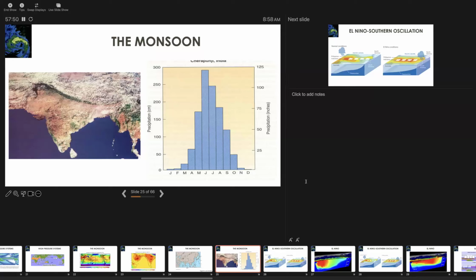About 35, 36, 37ish, somewhere in there. So this is rainfall in Cherrapunji in June, about 120 inches in one month. That's about four times our annual rainfall in Fort Worth occurring in just one month. It's about 400 inches of rainfall.